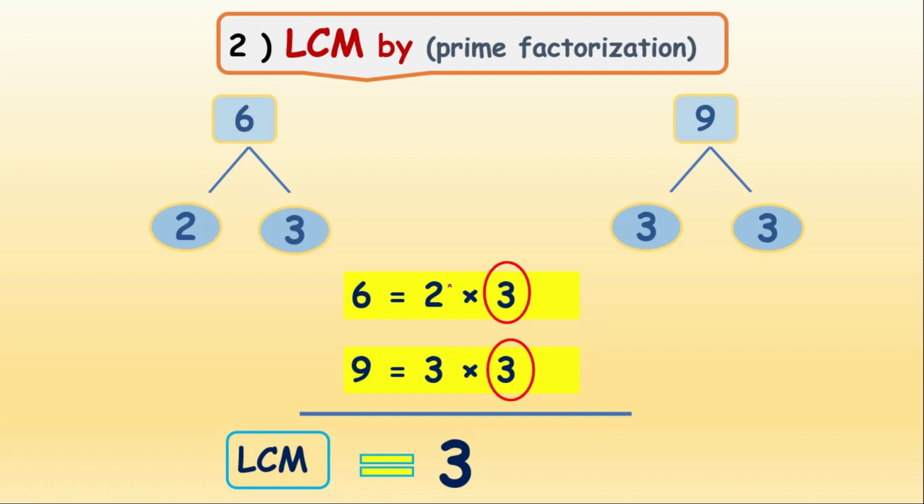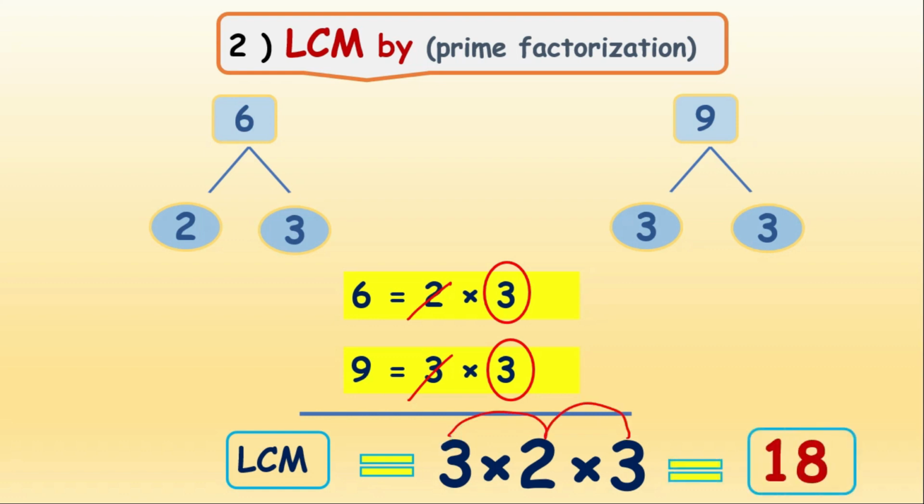Here we have the rest number 2 and here we have 3. So multiply by all the rest numbers, times 2 times 3. So 3 times 2 is 6. 6 times 3 equals 18. So the least common multiple by the next method also equals 18.